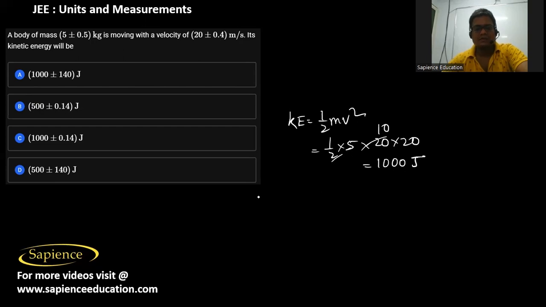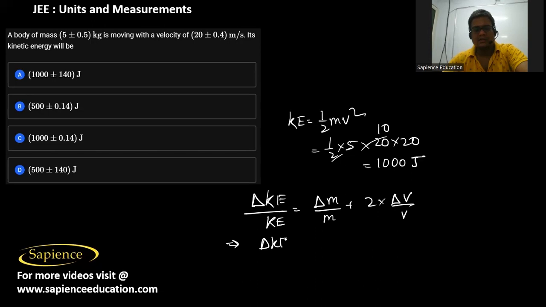1000 joule, and we have to find the error. As you know, kinetic energy is equal to half m v square. So the relative error in kinetic energy is equal to the relative error in mass plus twice the relative error in velocity. So therefore the relative error in kinetic energy, delta K by 1000 joule, is equal to delta m, that is 0.5 kg by 5, plus 2 into delta v, that is 0.4 by 20.